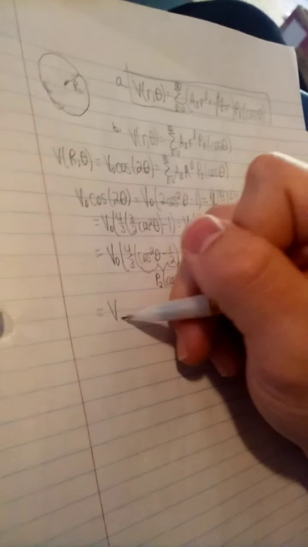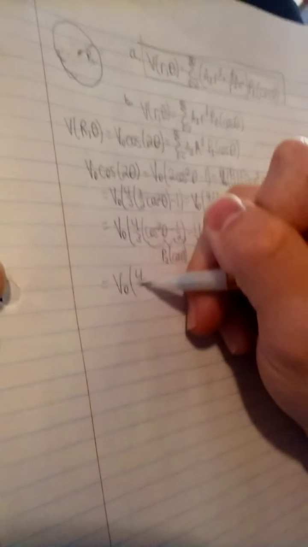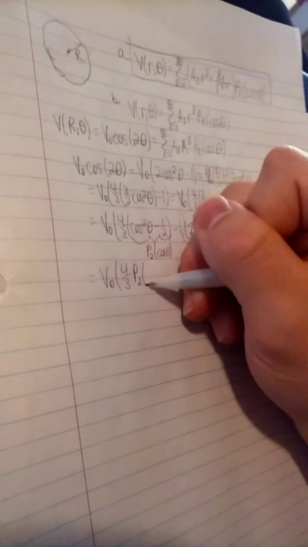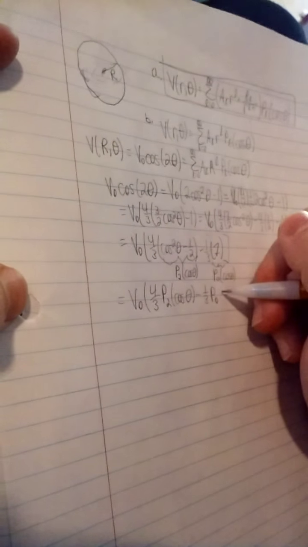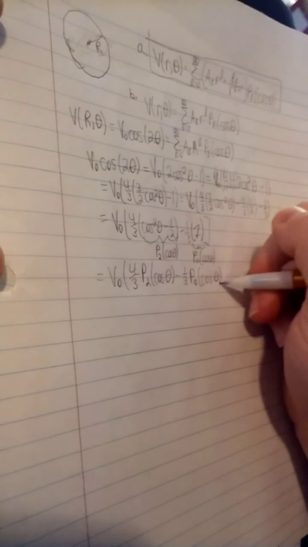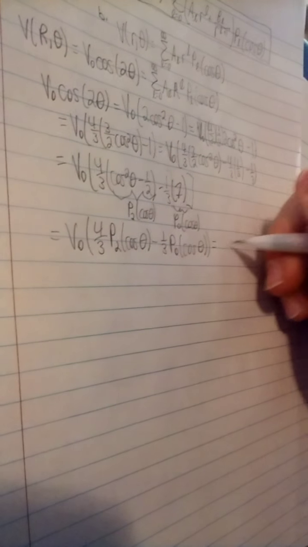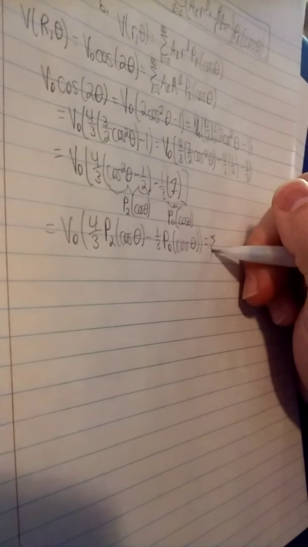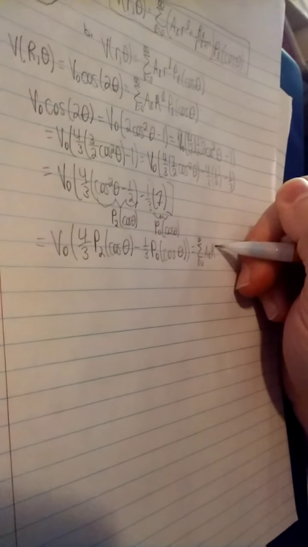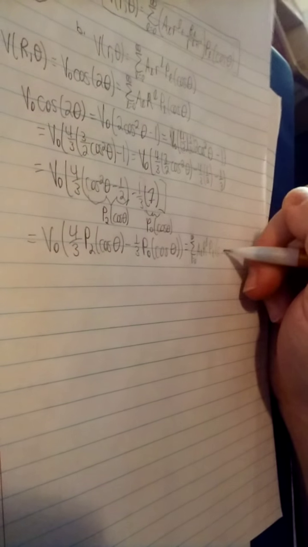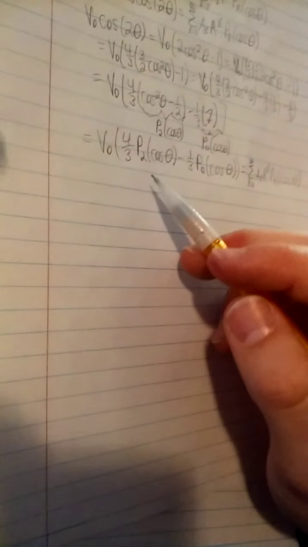This part is P naught. So then this is V naught times 4/3 P2 cosine theta minus 1/3 P naught cosine theta, which is still equal to the sum from L equals 0 to infinity of a sub L r to the L P sub L cosine theta. So we only keep two terms, the L equals 0 and the L equals 2 term.